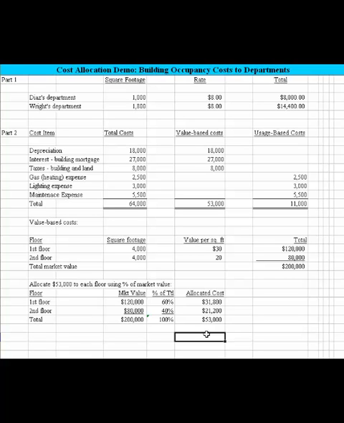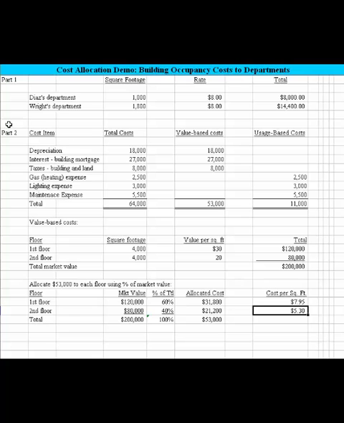Okay, once we have that, we can determine what that cost per square foot is. And that would simply be the allocated cost divided by the square footage, which is $4,000. Copying that from below, it will reference the correct cells. We have 530 for the second floor.